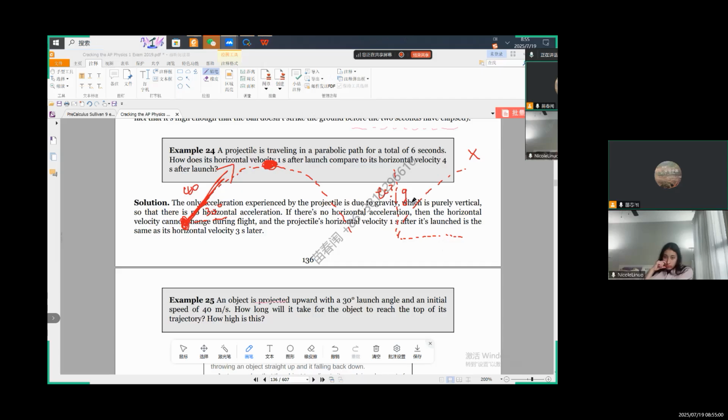What else do we know? We know the V initial here. If V initial is zero, you can't go up. So V final is zero? Yeah, V final is zero.